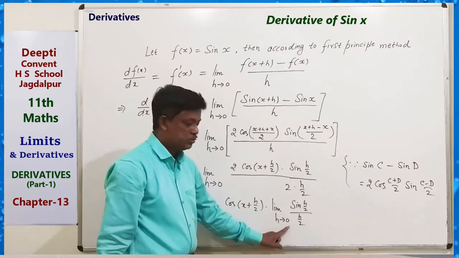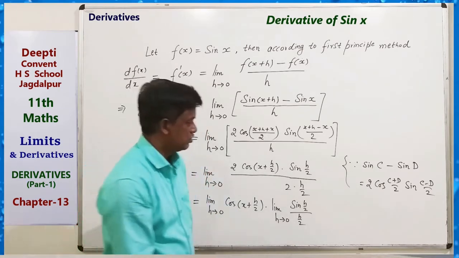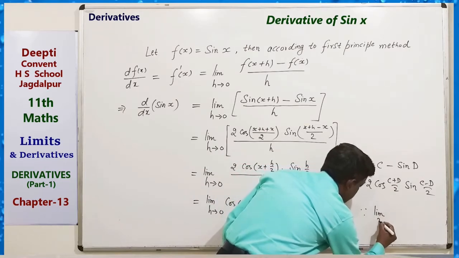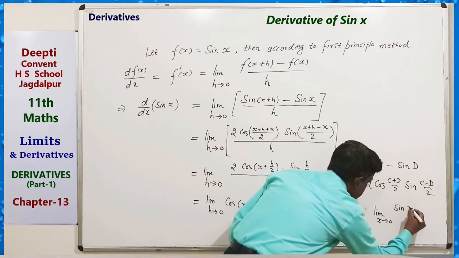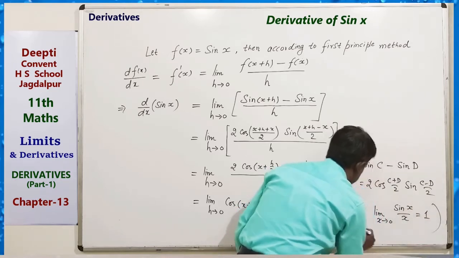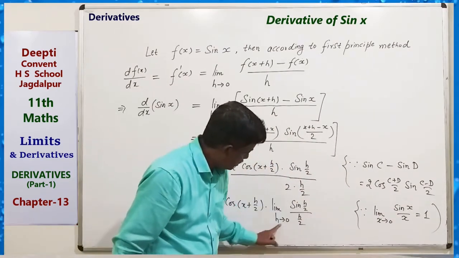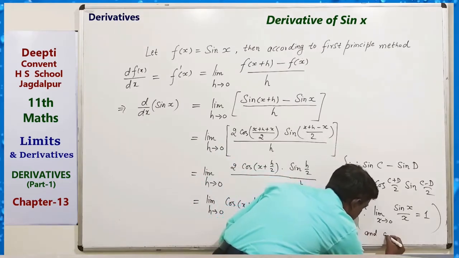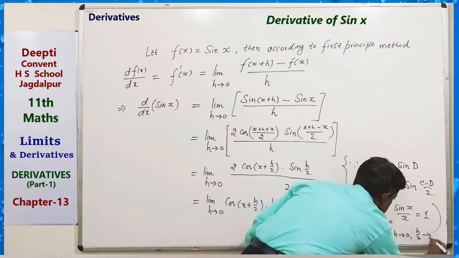As h tends to 0, h by 2 also tends to 0. Since limit x tending to 0 of sin x upon x is 1, so here h by 2, and as h tends to 0, h by 2 also tends to 0.